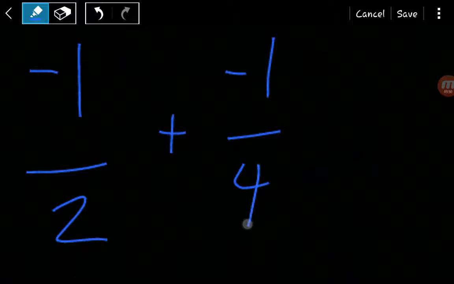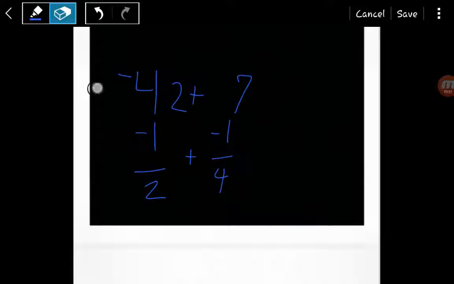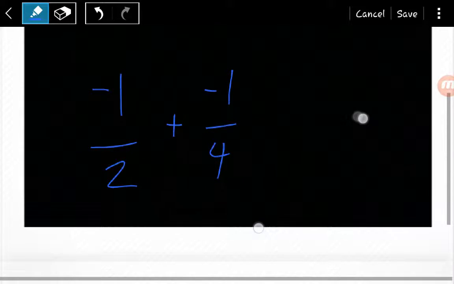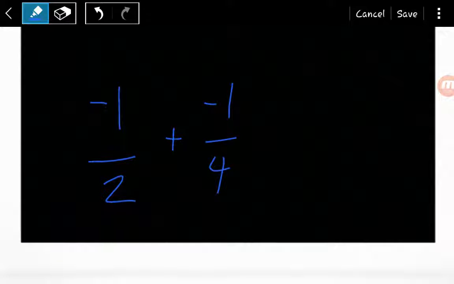Negative 1 over 2 plus negative 1 over 4. So let's erase this. So think, the absolute values are 1/2 and 1/4.